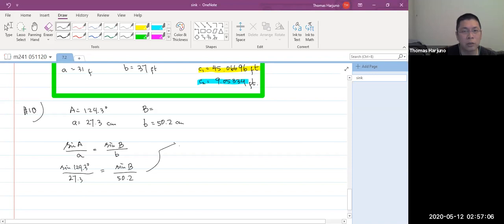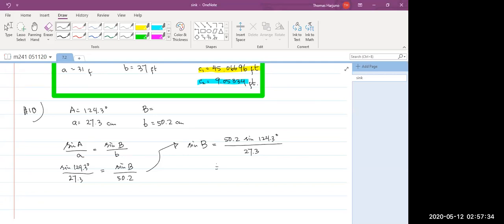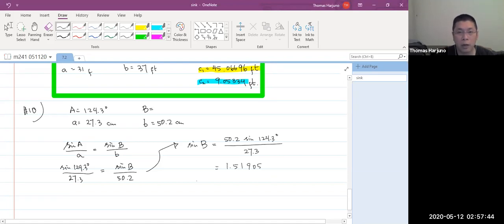So let me just continue here. Sine B equals 50.2 sine 124.3 degrees over 27.3, which is 1.5105, and then from there you say there is no such angle B, right?